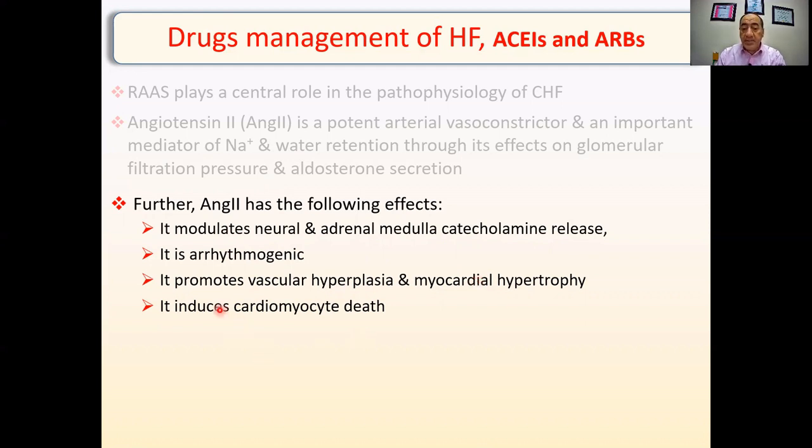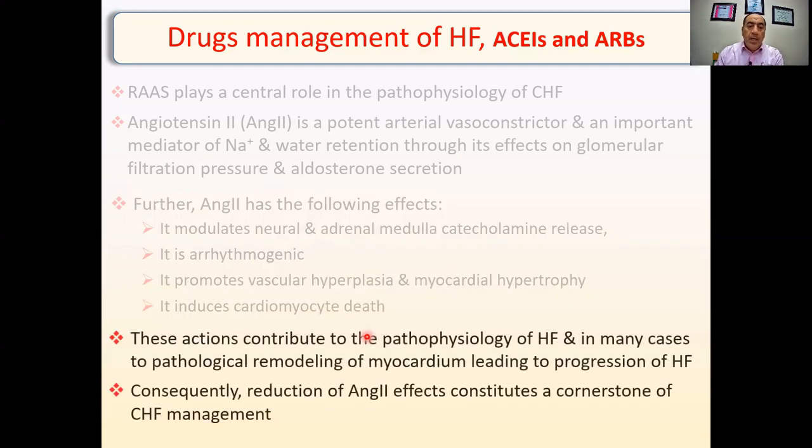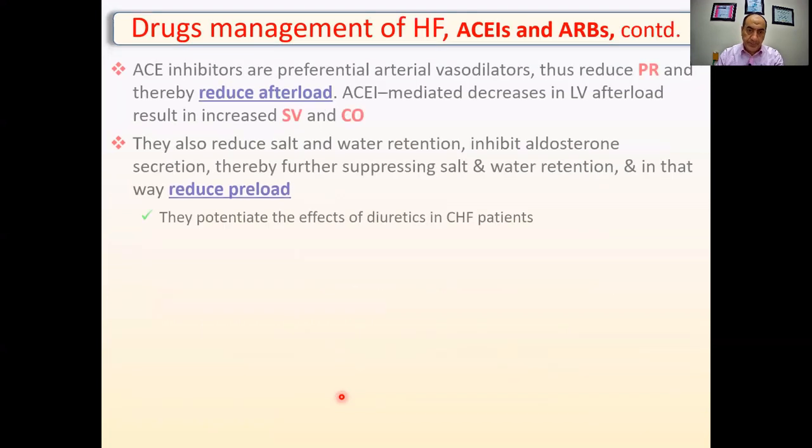It also induces cardiomyocyte death, which also will contribute to heart failure. These actions contribute to heart failure and in many cases to pathologic remodeling of the myocardium, leading to progression of congestive heart failure. That's why inhibition of angiotensin II is very important in the management of congestive heart failure.